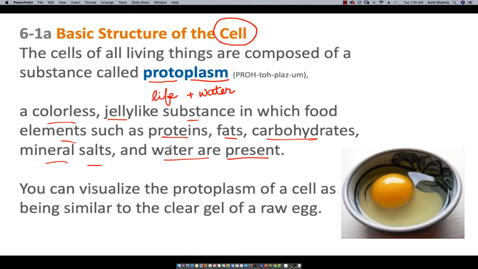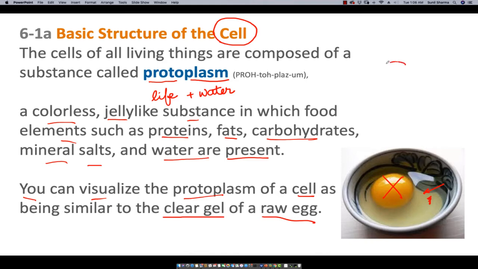And before we look into this, let us also read this. You can visualize the protoplasm of a cell as being similar to a clear gel of raw egg. So if we ignore the center of this egg and just look at the egg white, this kind of looks like the substance that protoplasm is, and it makes up a large portion of the cell.